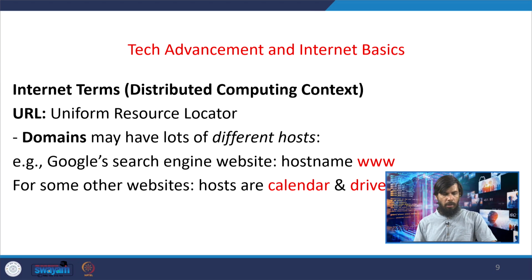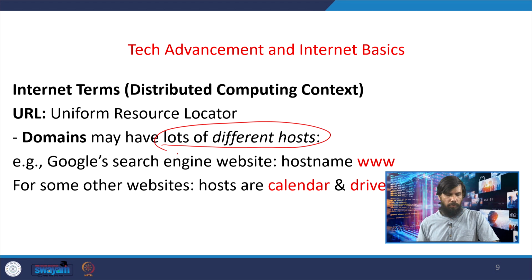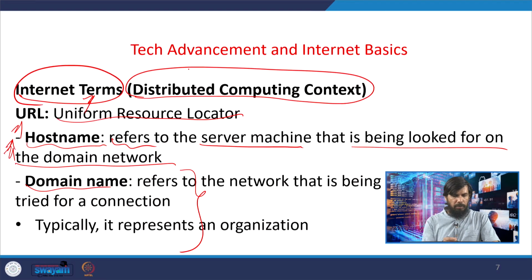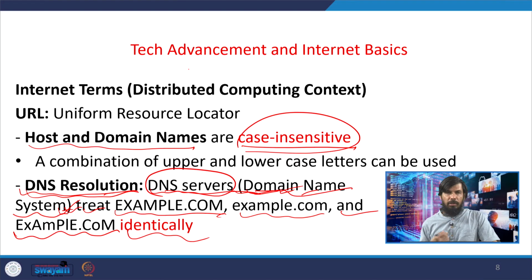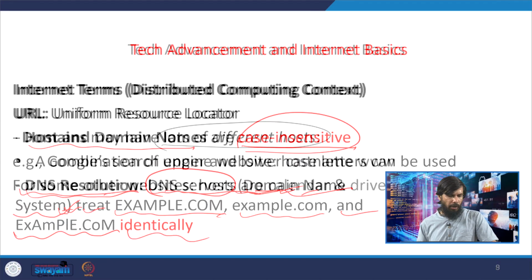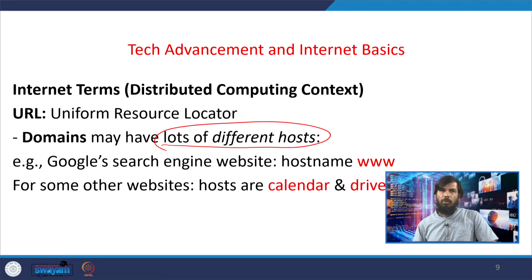Now domains may have lots of different hosts also. We talked about one host, that was MySpace. An organization might run multiple hosts for different websites or different services that they are running. To give you an example, the Google search engine website host name is www. If you recall, what you type in a web browser is www.google.com. So that www is the host name, the server machine name for the Google search engine.